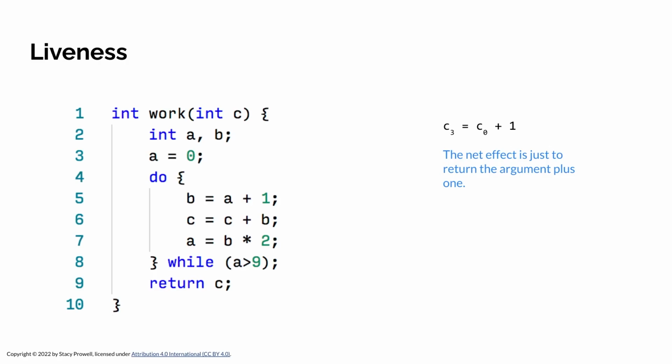The net effect of this whole piece of code here is to increment the value of C. You pass in 17, I return 18 after confusing you with all this math. So hopefully that's what you got when you stared at it really hard. But here we did it systematically using an approach that you could write code to do.